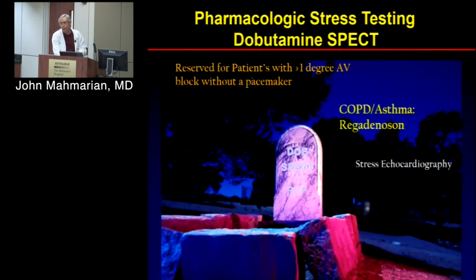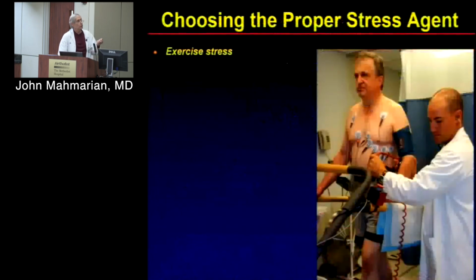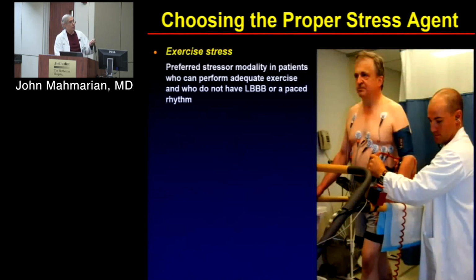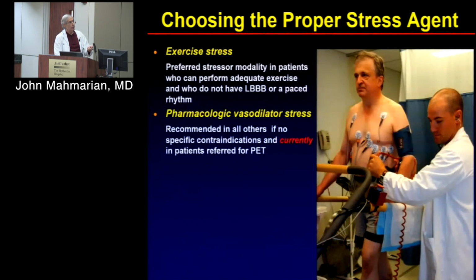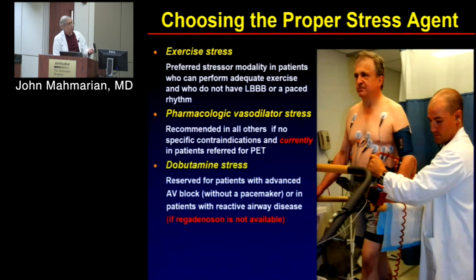It's still their mainstay. So in terms of stressors, exercise stress, again, preferred. Pharmacologic stressors in patients who have contraindications or who have left bundle, etc., or cannot exercise maximally. Dobutamine, never, ever, hardly ever nowadays.